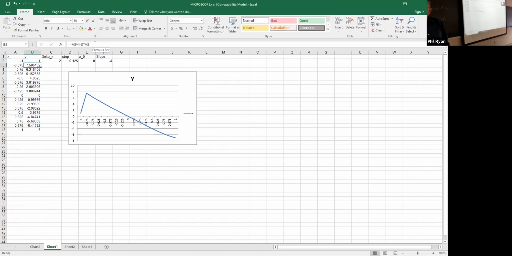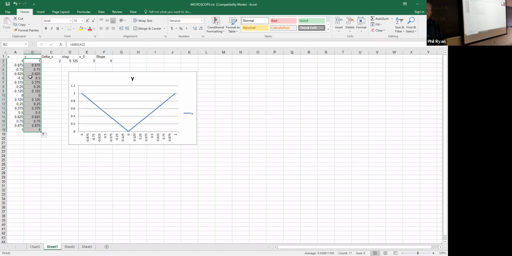Let me check that. Yes, it does. Now, here's one of the nice things you can do with Excel. If I highlight the cell and I go to the lower right corner like this, and I drag it down, I've copied and pasted, and it does what's called dynamic addressing.